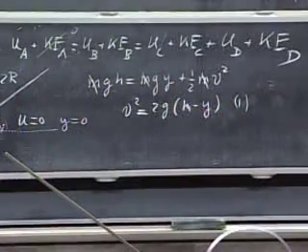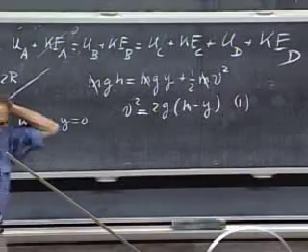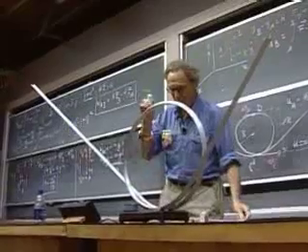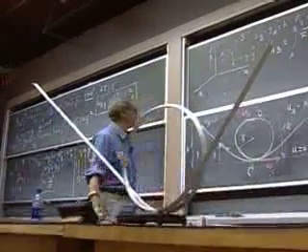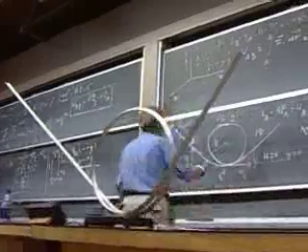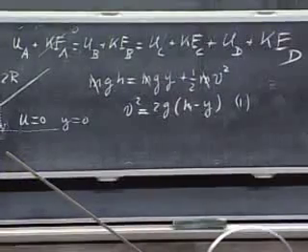Therefore, it should also hold for point D. However, at point D, there is something very important. There is a requirement that there is a centripetal acceleration, which is in this direction.